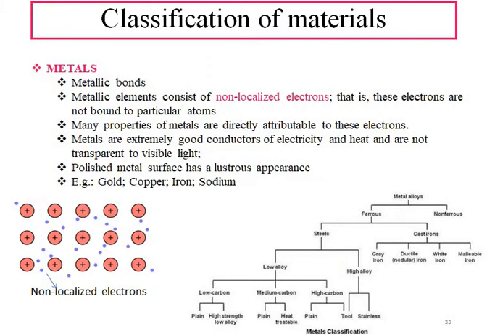To begin with, we can see what a metal is. We all know what a metal is, and the basic difference of metal from other types of materials is due to its basic structure, the metallic bonds. A metallic element consists of non-localized electrons, that is, these electrons are not bound to any particular atom.